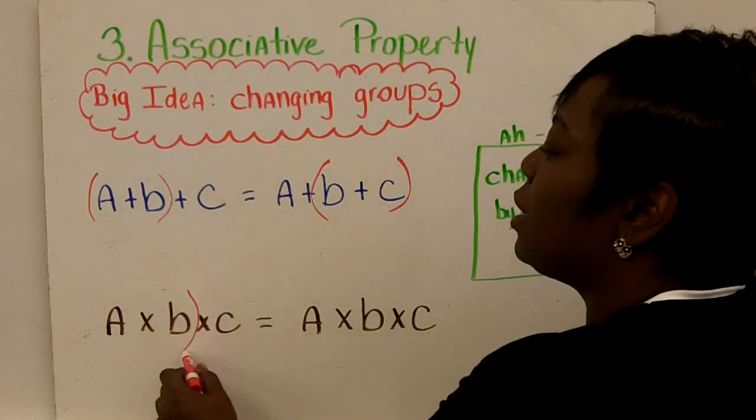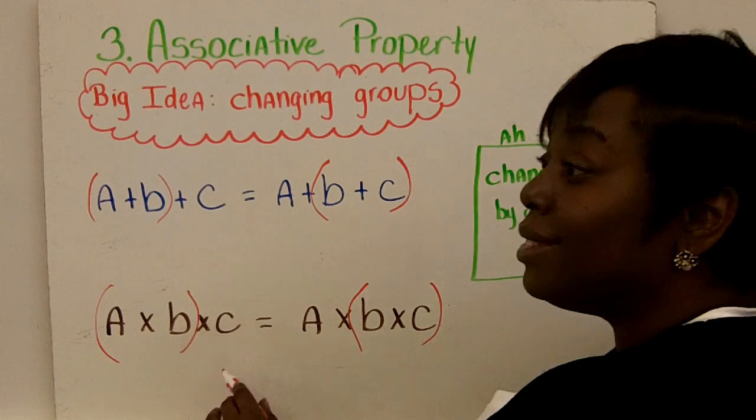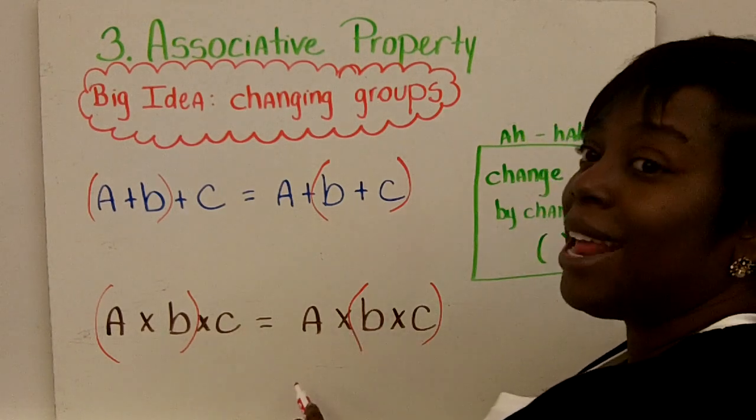And the same thing applies with multiplication. It doesn't matter if we multiply A and B and then C, or B and C and then A.